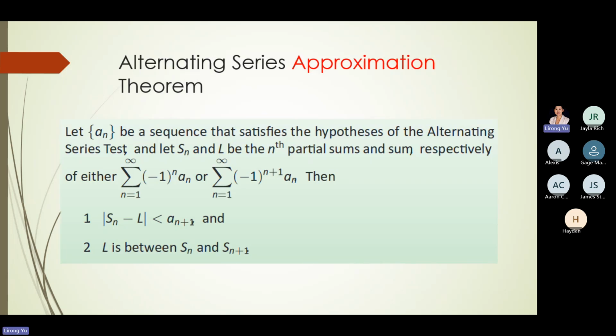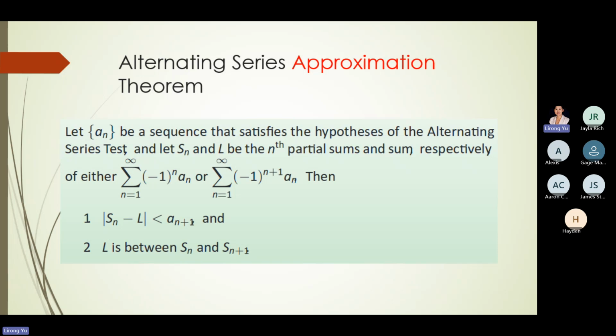The alternating series approximation theorem is not about determining whether it converges or not. We're saying suppose we have an alternating series that is convergent. So suppose we know the total summation is finite. We know it's equal to a finite limit, and let's assume that finite value is L, right?